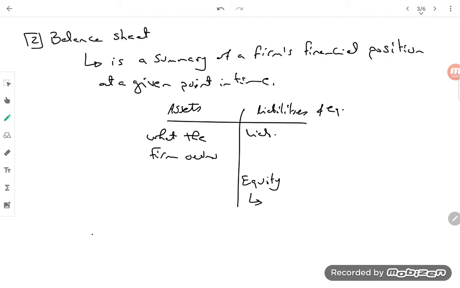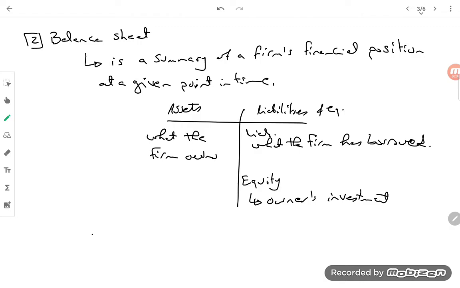Equity is owner's investment, and liabilities, what the firm has borrowed. The two sides should be equal to each other. The asset side should be equivalent to liabilities and equity side.